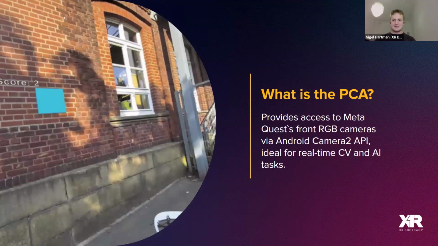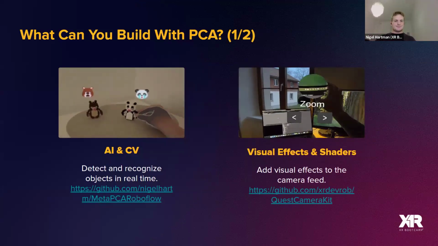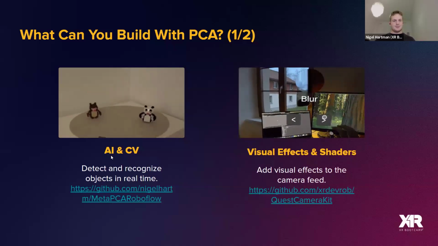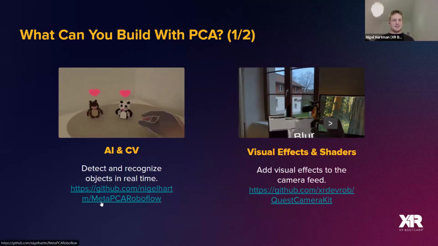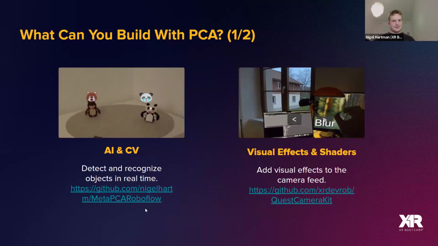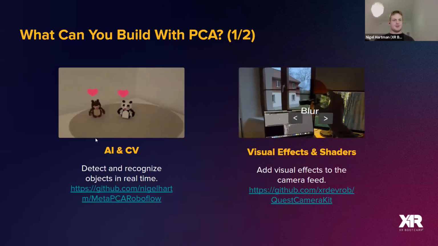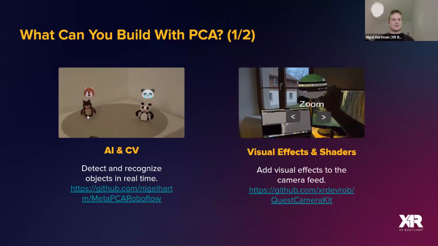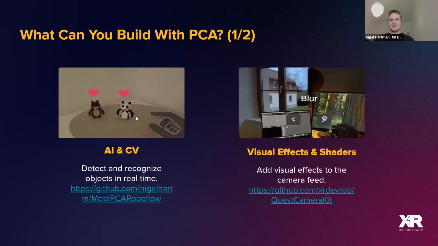So yeah, what can you build with PCA else? First, you can combine AI and computer vision. Here's one of the projects we'll share with you today. It's the Meta PCA Roboflow project, which is using this tracking of custom objects, and based on how far the beers are away from each other here, you can see they're either sad or happy.